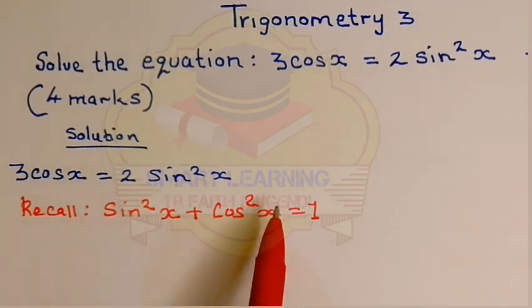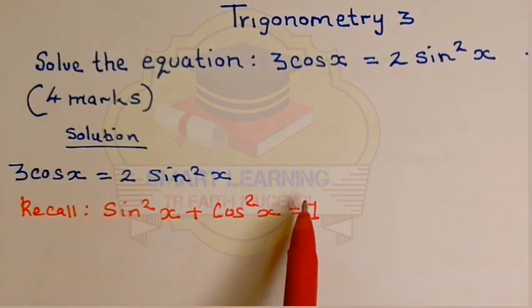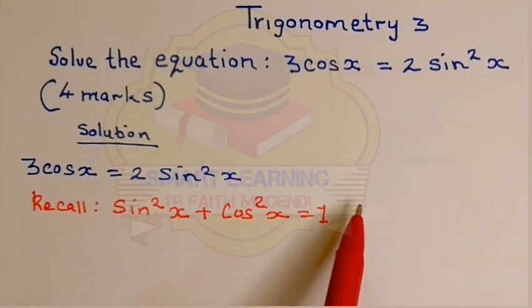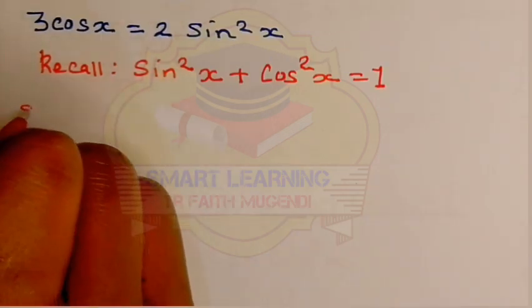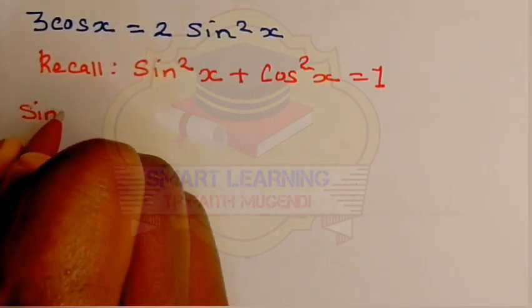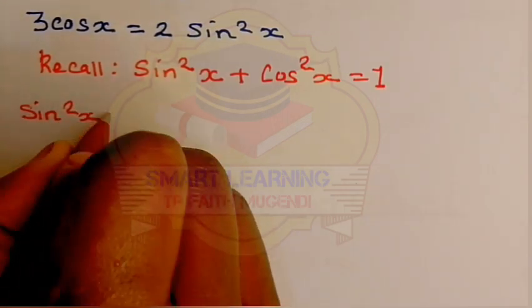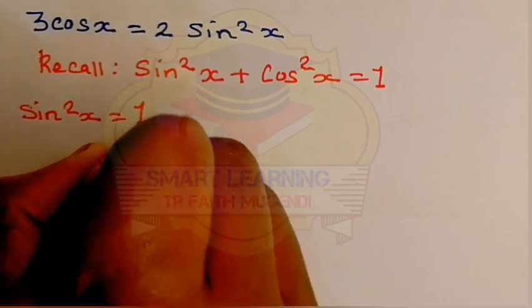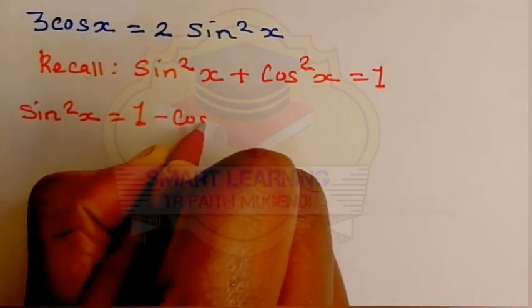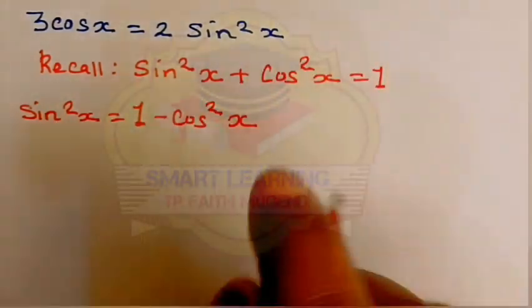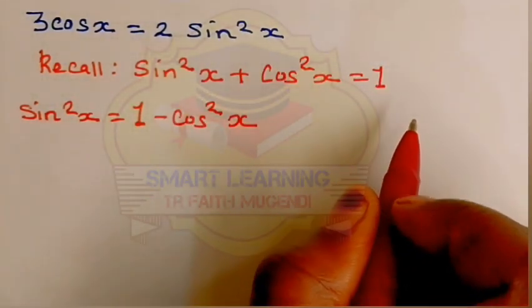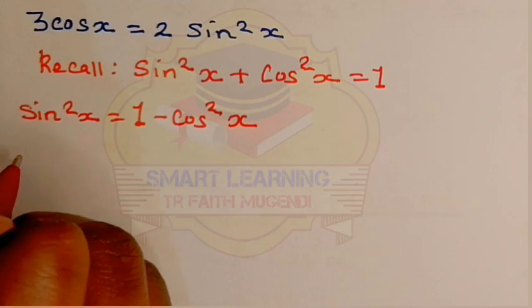If you can remember that, then it is very easy to solve this equation. Now, from this identity, we can say that sine squared x is equivalent to 1 minus cos squared x. That is by taking this to the other side of the equation.